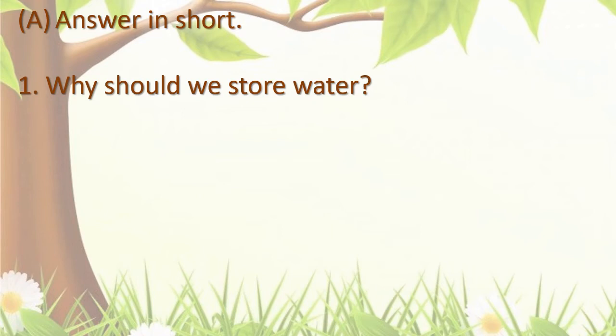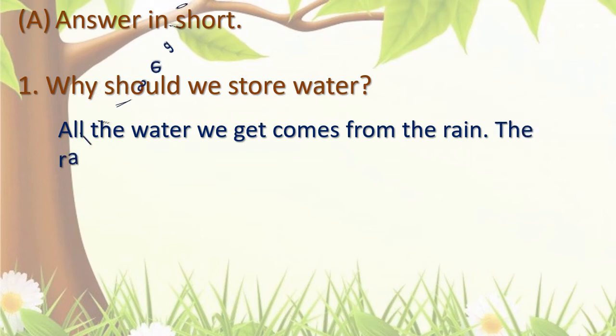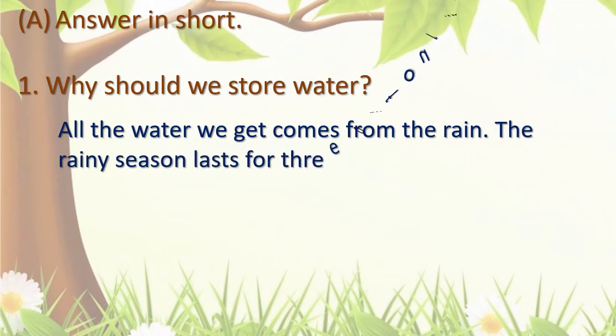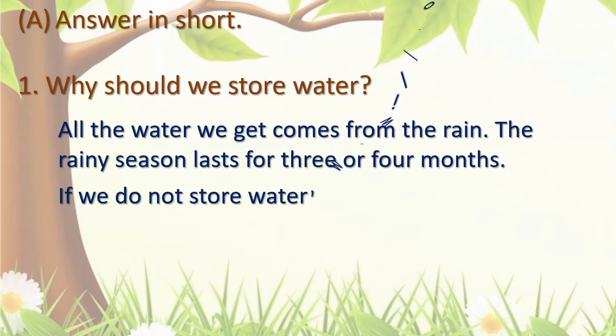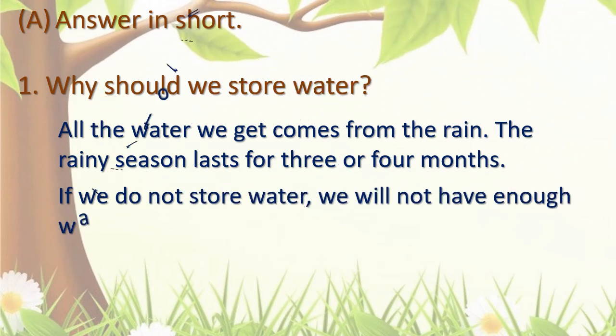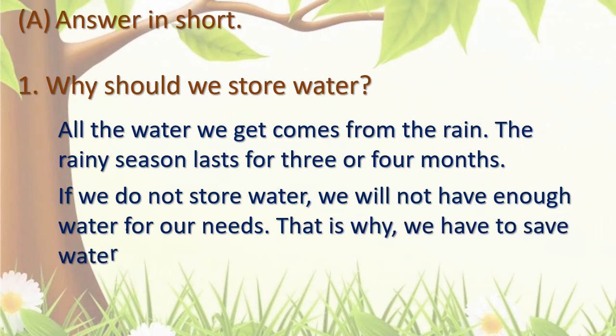Okay. We will write the answer here. All the water we get comes from the rain. The rainy season lasts for 3 or 4 months, right? From June to September. Correct? If we do not store water, we will not have enough water for our needs.